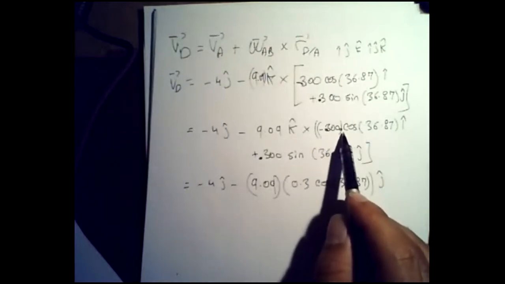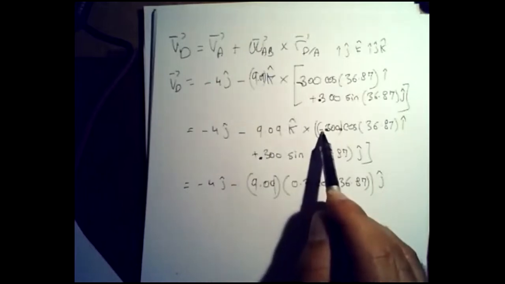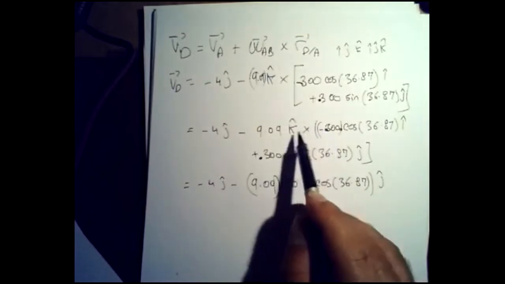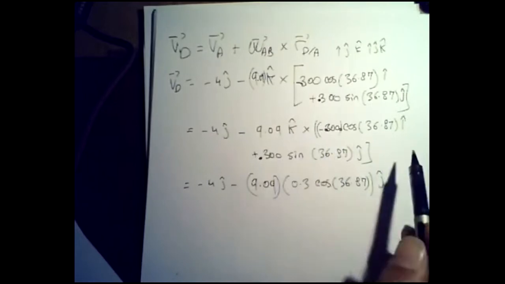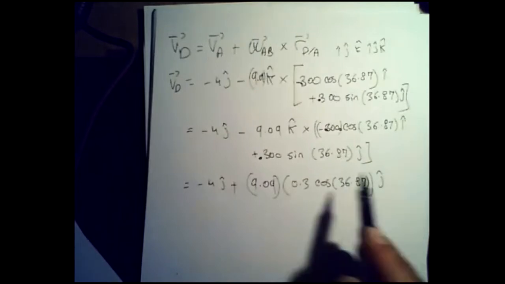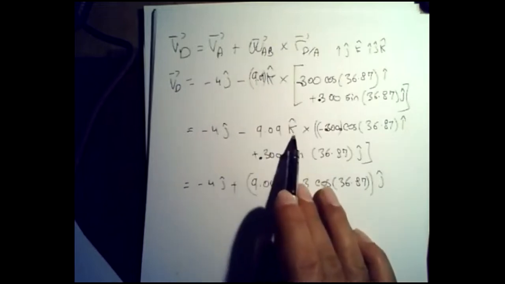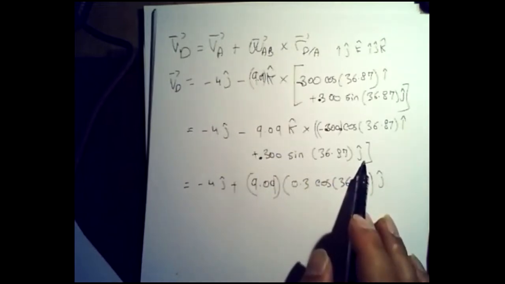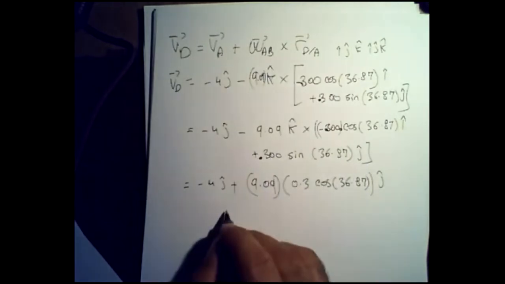I wrote it and then I'm going to do the operation. Minus and minus is going to be positive, and k cross I is going to be j, so this is positive. Next, I have minus, and this is positive, minus k cross j is equal to minus I, and this again will be positive.